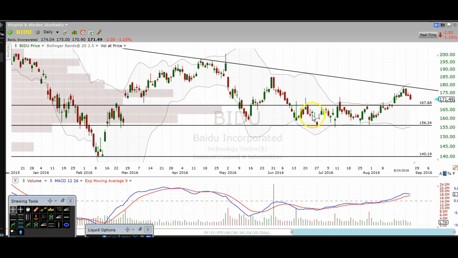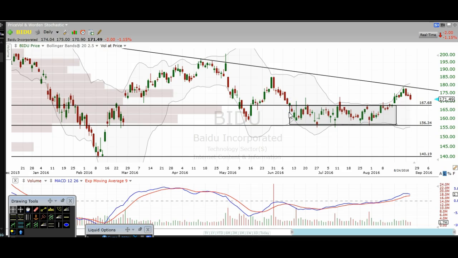You can see it was resistance, resistance, resistance, here, here, here, and then finally we broke over it. So this was a nice little box trade right there, and I'll just draw this box so you can see it very clearly.